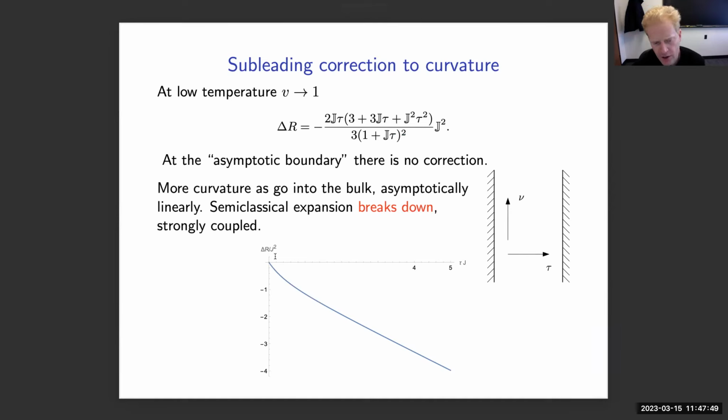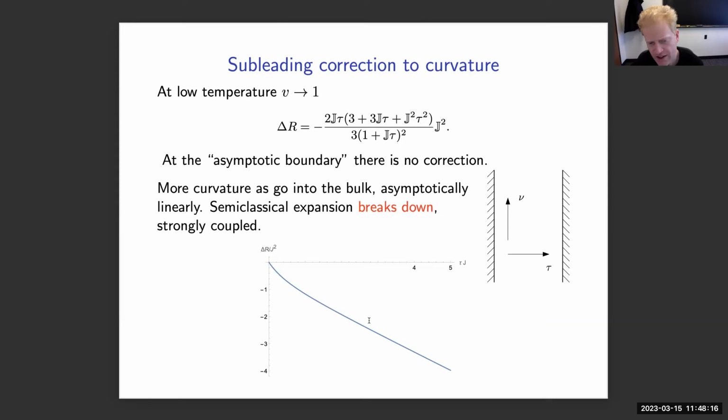Any question? No. Okay. When tau is small, the correction goes to 0. This delta R goes to 0, so this is still essentially asymptotically AdS. When tau becomes larger, there is some functional form, but eventually it becomes something linear. So this function is just something linear for large tau.